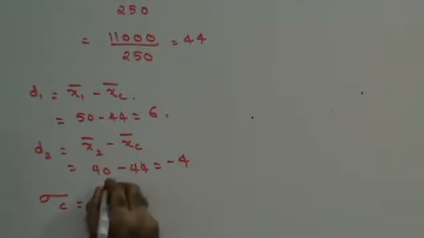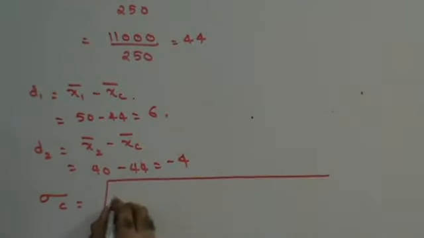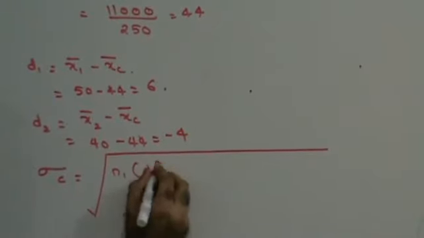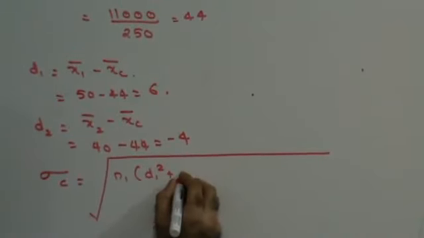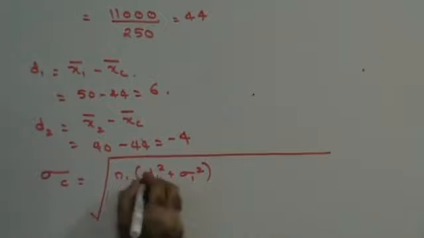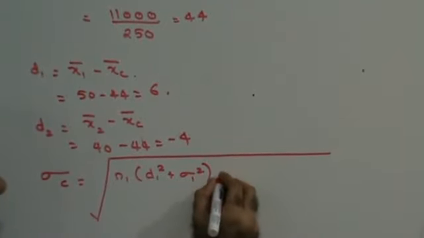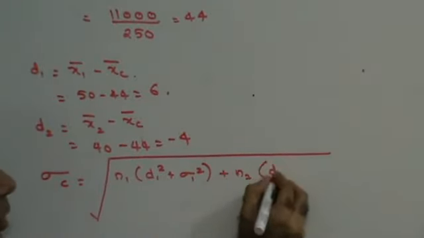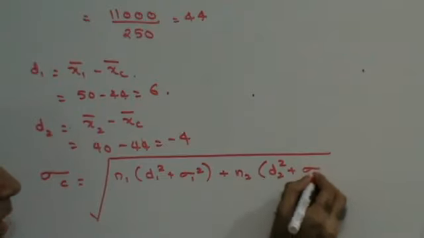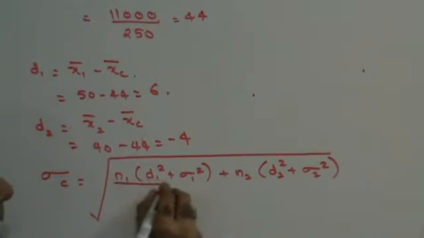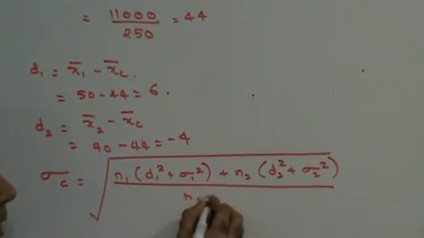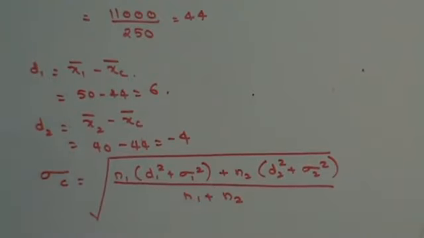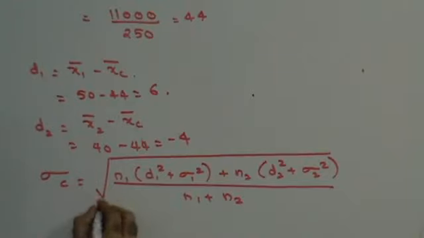Combined standard deviation is given by the formula square root of n1 d1 square plus standard deviation 1 square plus n2 d2 square plus standard deviation 2 square upon n1 plus n2. That is going to be my formula for combined standard deviation. Let us substitute, guys.